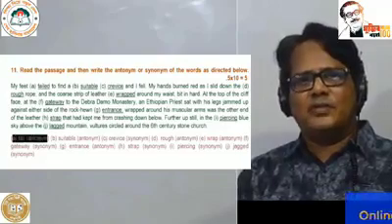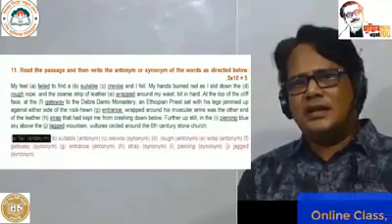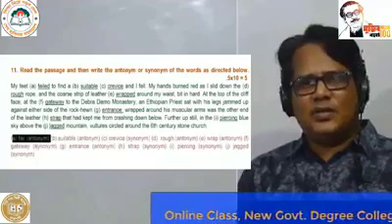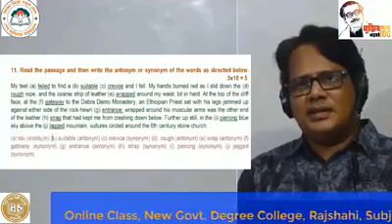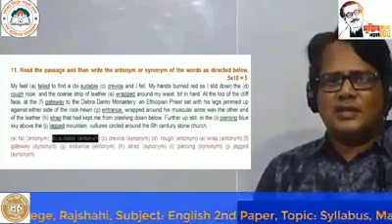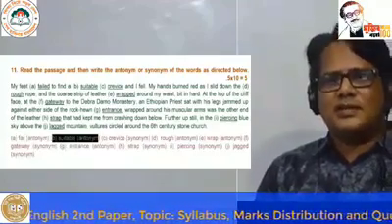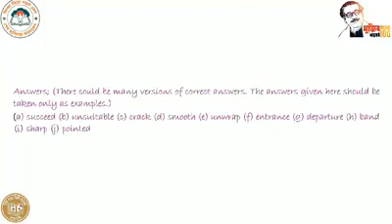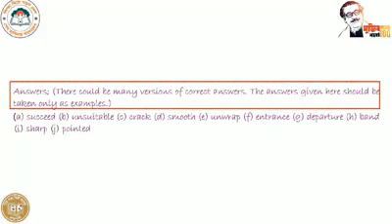That is, you have to change the word according to the instruction. Just write down the word and change according to the instruction, and total mark is 5. There could be many versions of correct answers. The answer given here should be taken only as examples.